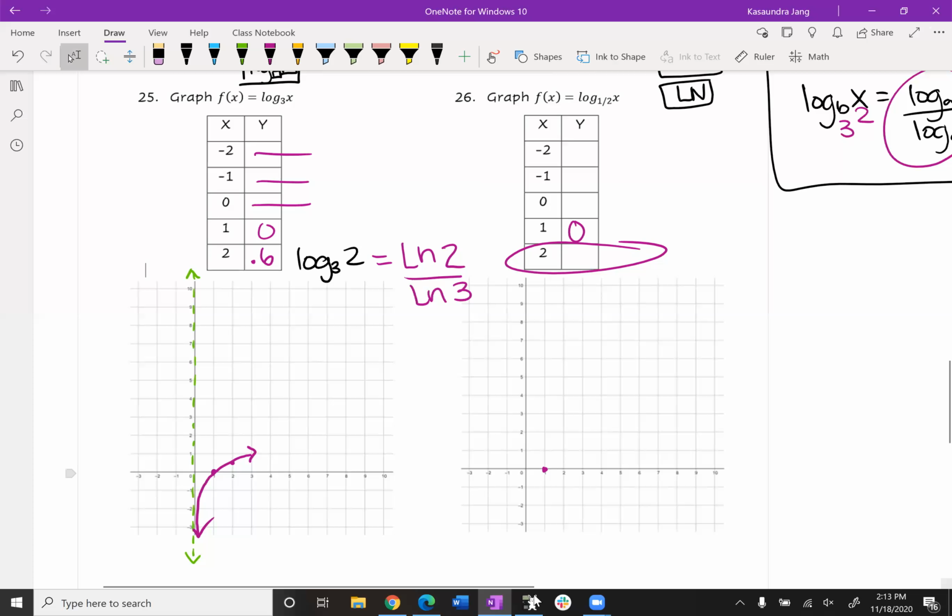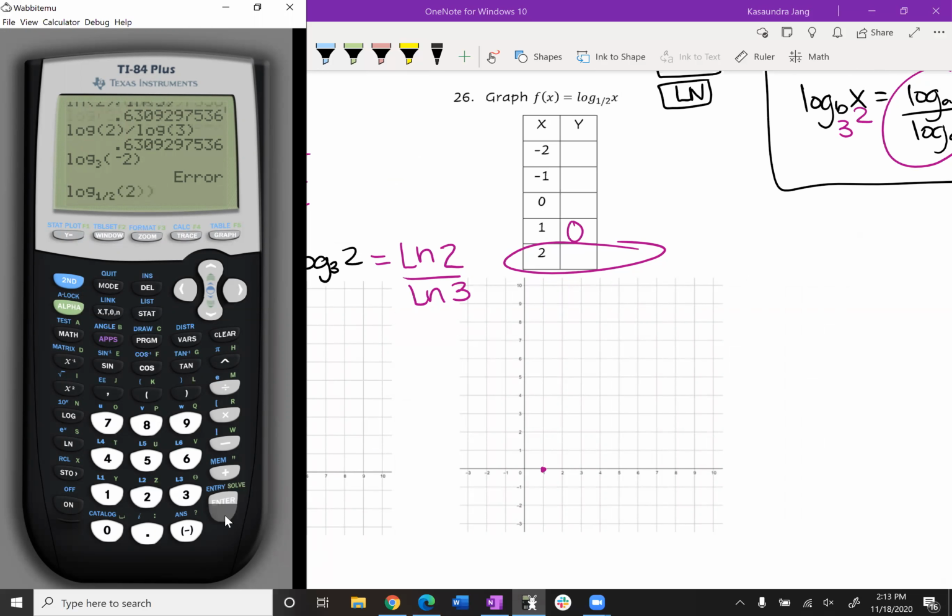All right, so let's check this one out. So Wilson, you got a negative 0.6. I just did my log base 1/2 of 2 and I got a negative 1. So we both got a negative, but I got a negative 1, you got a negative 0.6. So Wilson, were you using like the change of base formula, like the natural log or the common log, that kind of thing? Or were you entering a base 1/2?